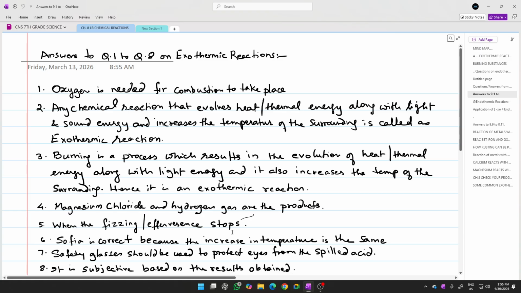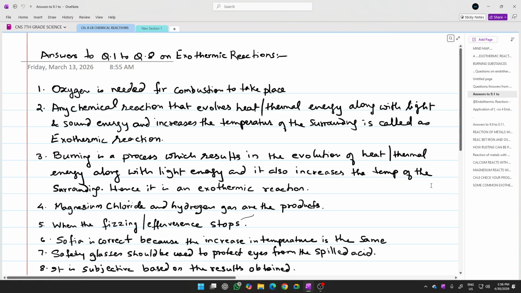Now what happens whenever dilute hydrochloric acid and magnesium react? Okay, when you add the two things, immediately a fizzing sound comes and effervescence is seen. In this chemical reaction, effervescence is seen. And this effervescence will go on for some time, and then afterwards it will stop, and the fizzing sound will also stop. So when this effervescence or the fizzing sound both stop, we can conclude that the chemical reaction is over, is complete.